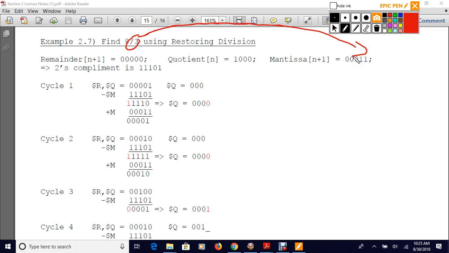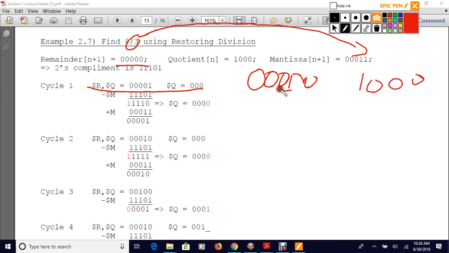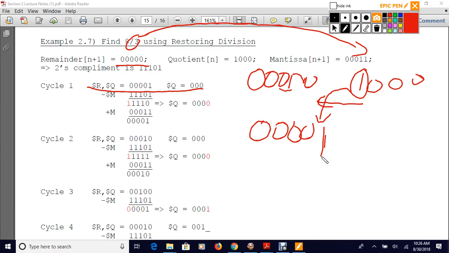So that first line, the most significant bit of the quotient becomes the least significant bit of the remainder. Here's what this notation means. We start out as 0, 0, 0, 0, 0. That's what's in the remainder. And then I have 1, 0, 0, 0 in the quotient. I shift both of these. The most significant bit of the quotient becomes the least significant bit of the remainder, and that's a 1.